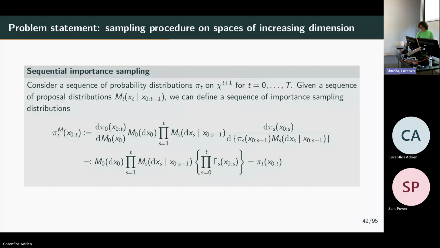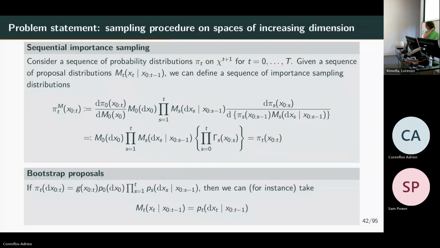Now that we have had a second, this is a classical example. If you have a standard Feynman-Kac type of model, here we have dynamics that are non-Markovian, and we have a potential which is non-Markovian.